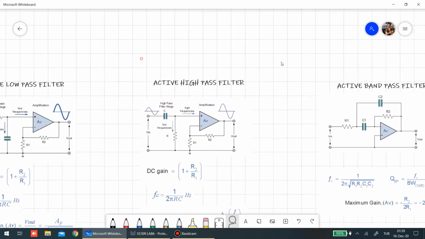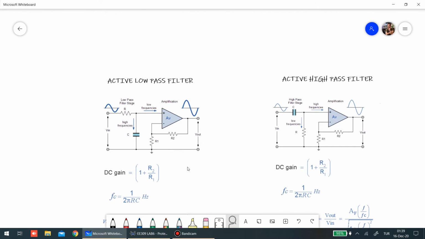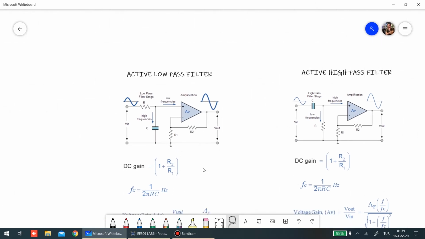For active low pass filter, we expect this filter to eliminate the high frequencies and let the low frequencies pass.